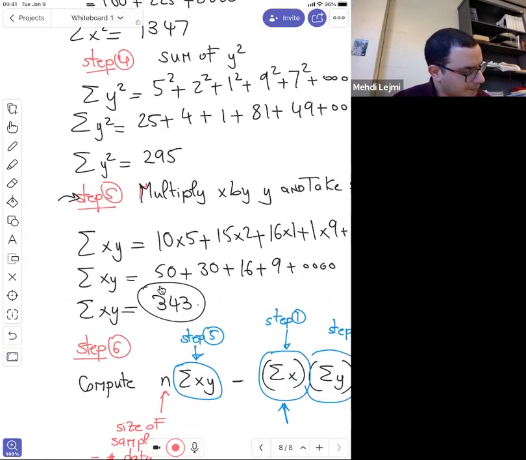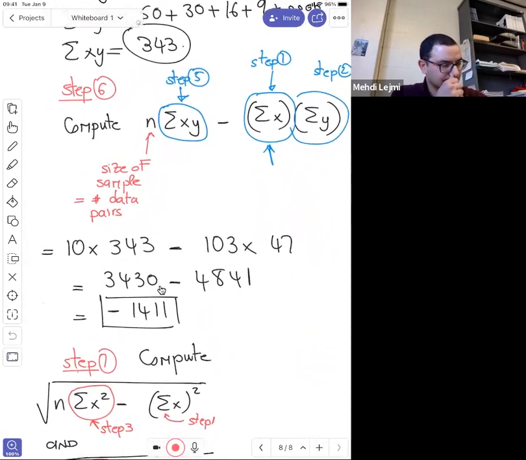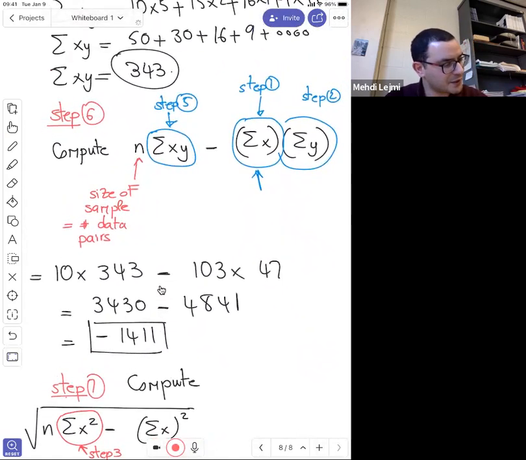Okay. So actually the top, we computed the top in step number 6, right? You see in step number 6, we computed N times the sum of X times Y minus the sum of the X's times the sum of the Y's.